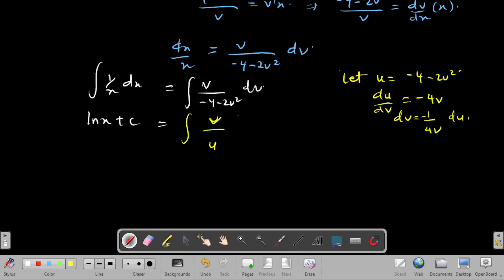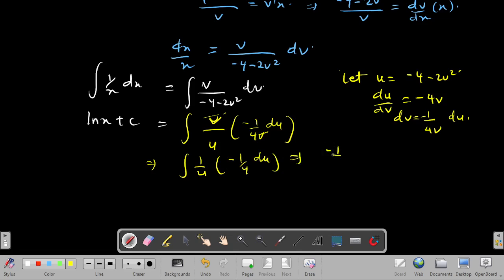Then dv here is negative 1 over 4v du, right? So this v simply cancels this, and I'm going to have the integral of 1 over u times negative 1 over 4, which gives me negative 1 over 4 outside, integral of 1 over u.